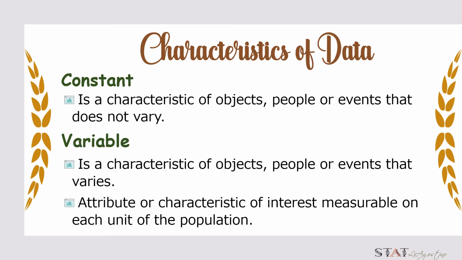Another example of numeric variable is height. I can be 5'4.5". Some people could be 6 footer. So height varies among people. So that means this height is a variable. It is an attribute or characteristic of interest measurable on each unit of the population. So I believe you understand the difference between the constant and variable.